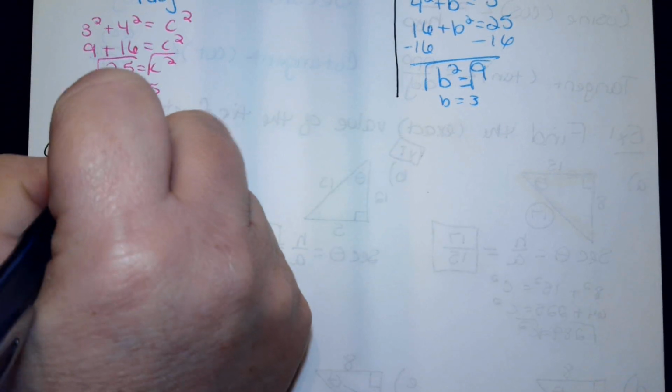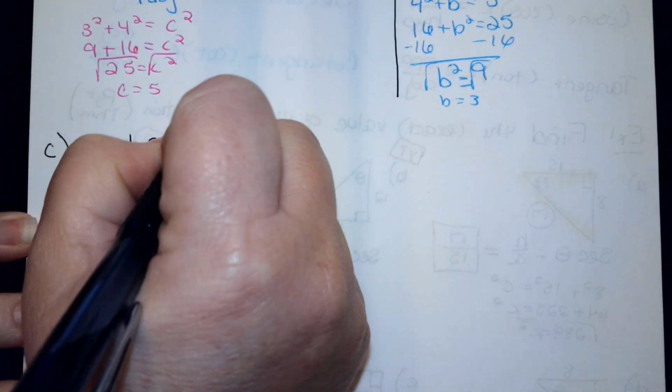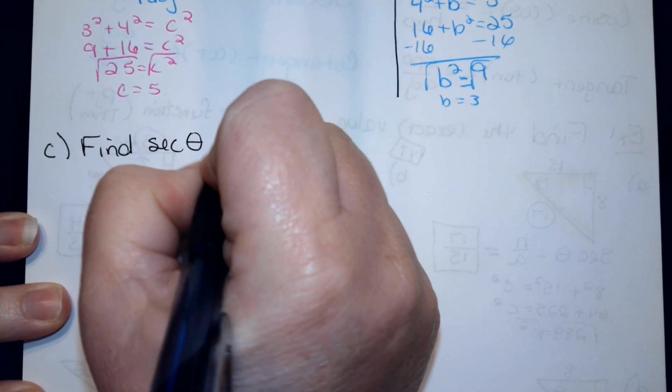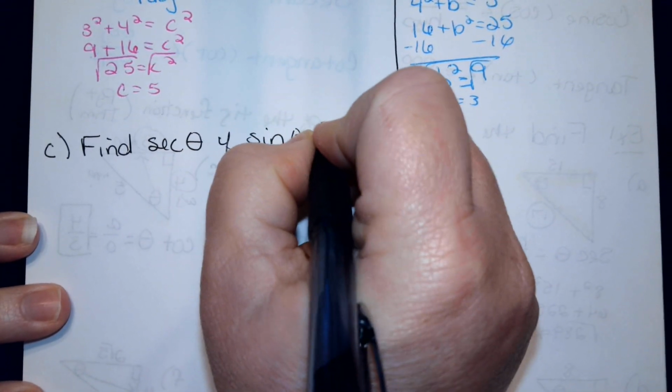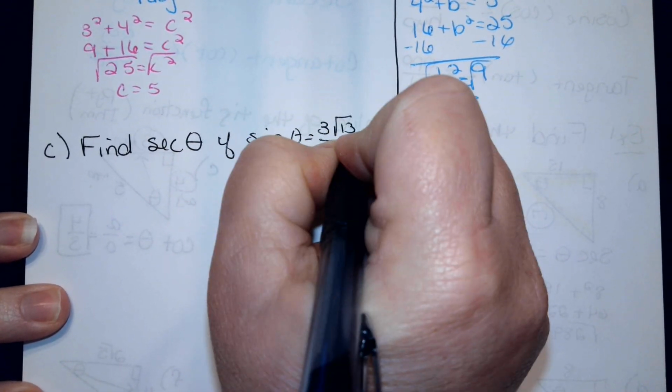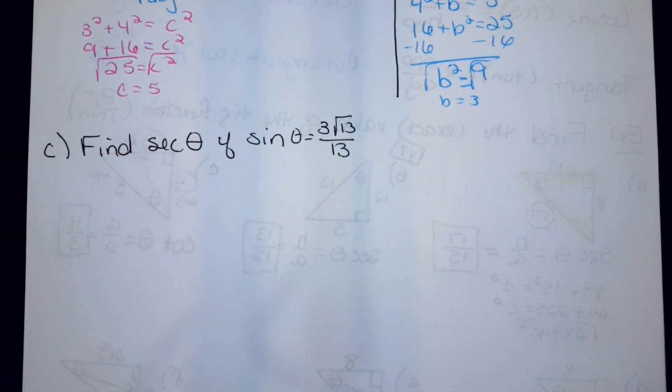All right, find the secant of theta if the sine of theta is equal to 3 times the square root of 13 over 13.